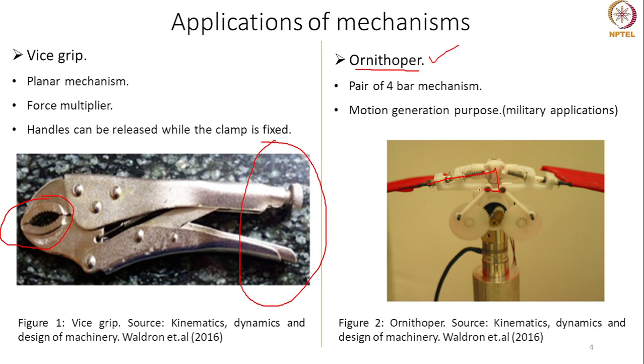This is one 4-bar mechanism here, another 4-bar mechanism attached here, and this is a cam and follower. Some of us might not clearly visualize these three mechanisms at this stage, but I would like to describe this so that we can all appreciate what our subject is capable of delivering.